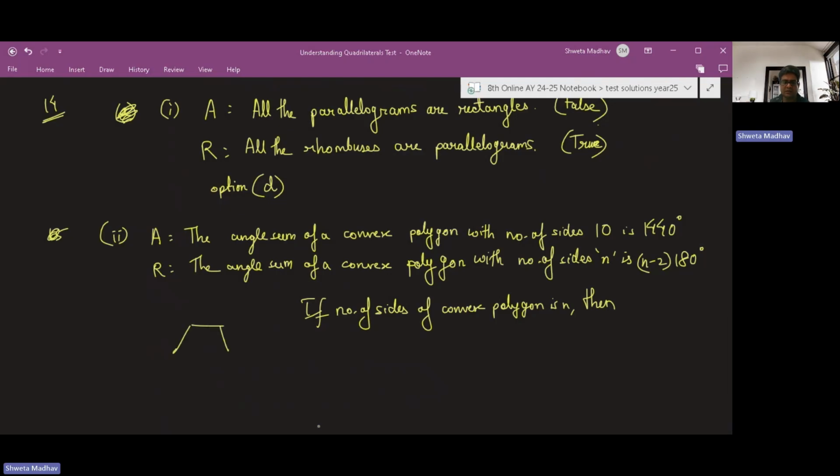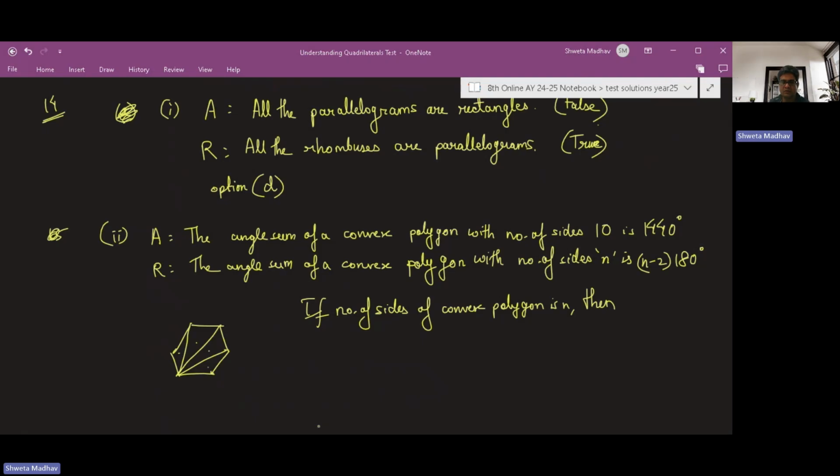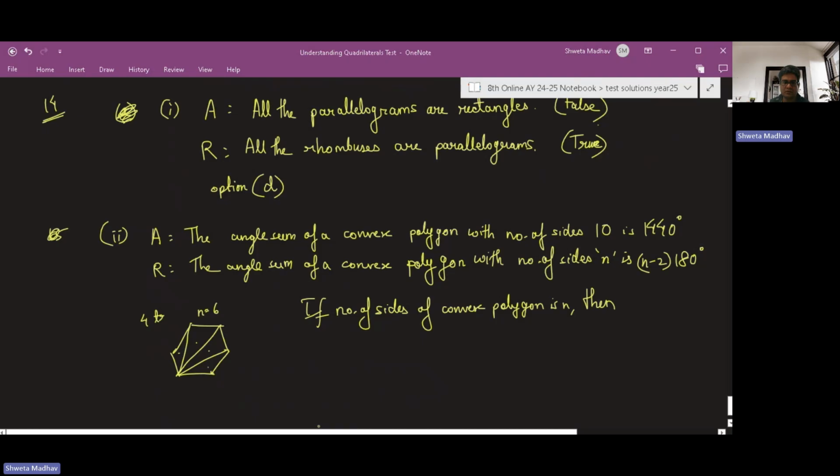Suppose we have a hexagon, then we can divide it into 4 triangles, 1, 2, 3, 4. So when the number of sides is 6, we can form 4 triangles. When the number of sides is n, we can divide it into n minus 2 triangles.